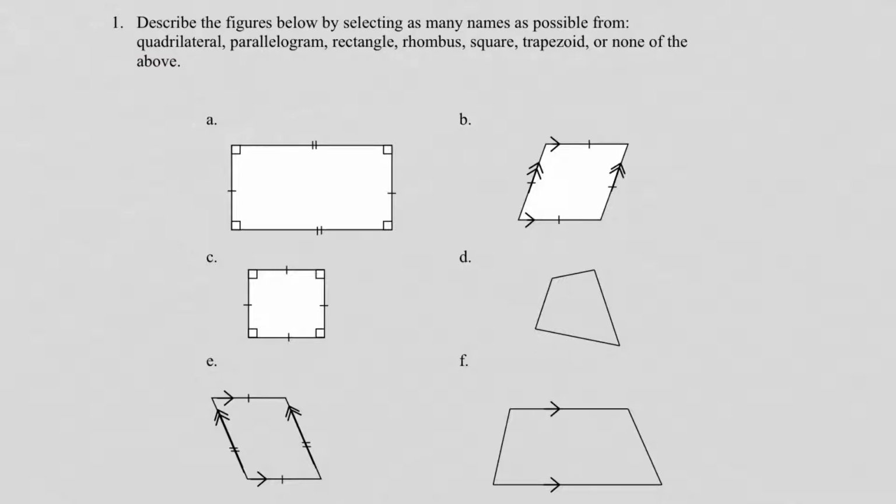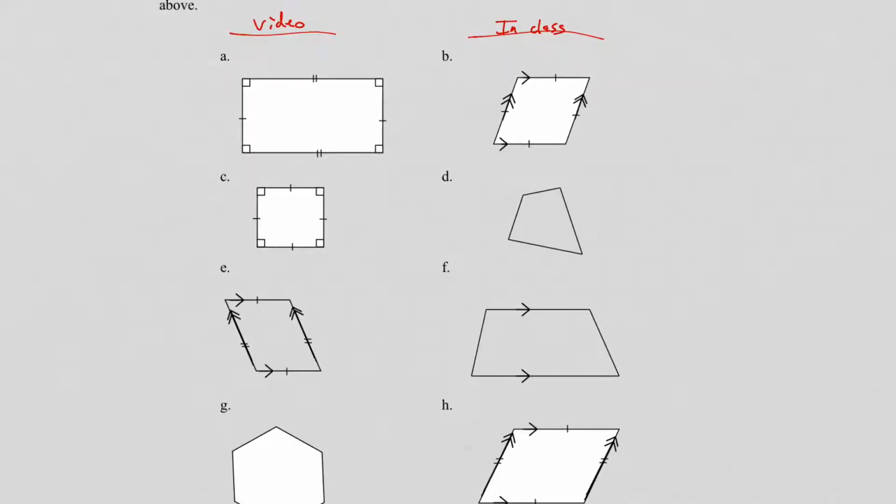All right. So what I'm going to do, in the video, I'm going to do straight down this column here, and then this one you're going to do in class.